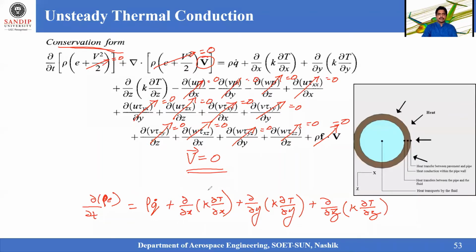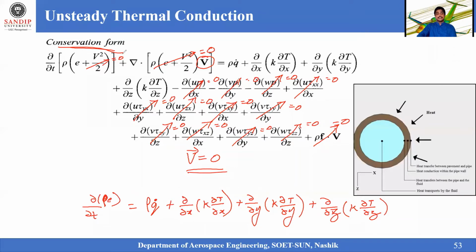This is the resultant equation I am left with, because in this fluid case, where unsteady thermal conduction is happening, there is no velocity change in this equation.